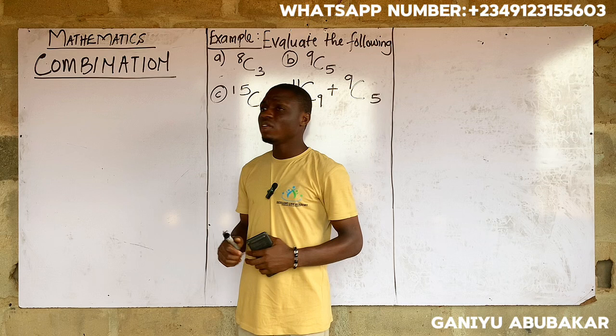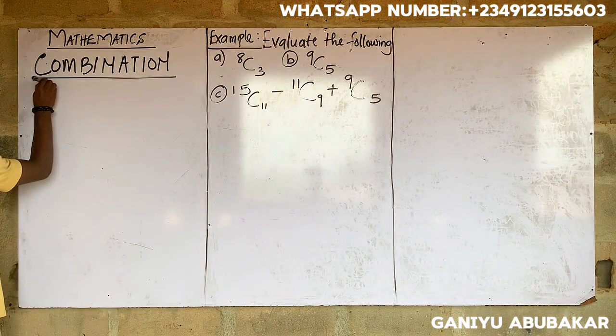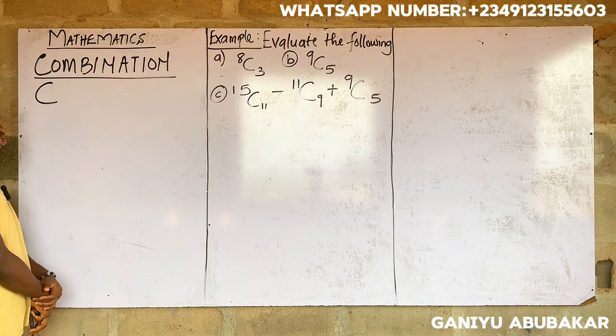At this point now, note that combination is abbreviated by C. So we use C to abbreviate combination.